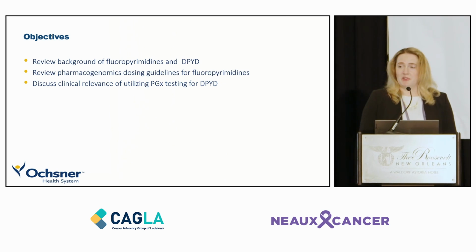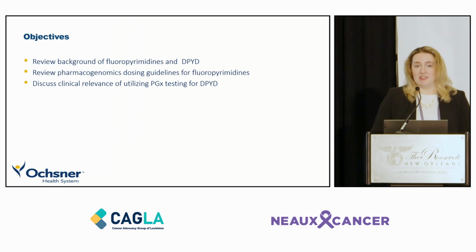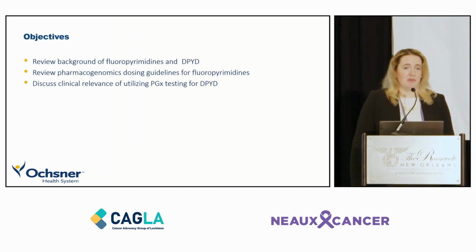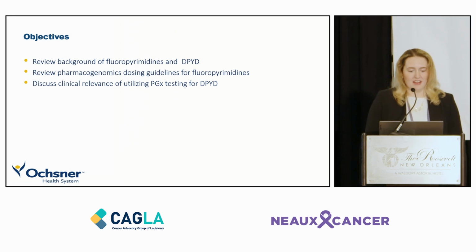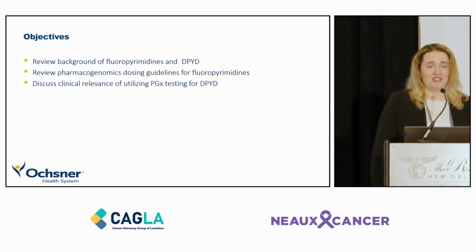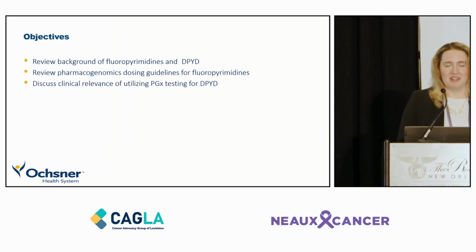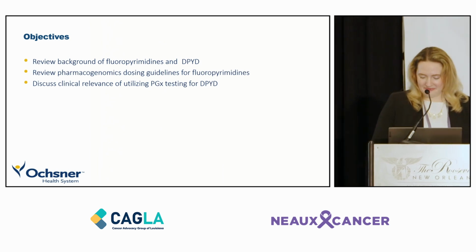So there's a multitude of studies showing how toxicities can be severe and sometimes fatal in patients when we are not testing for DPYD and we don't know this information. And then using all of that, coming together and looking at the various clinical guidelines that we have published, which again will recommend appropriate dose reductions, and then why that is so important clinically.